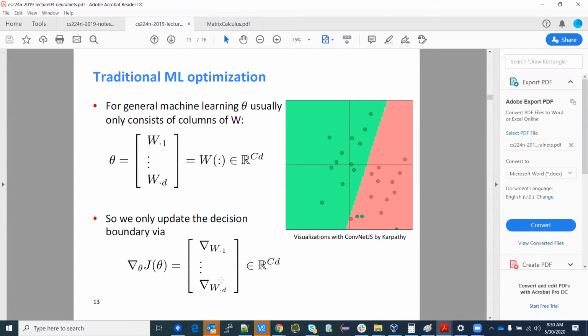Now, what is theta? Theta is a column vector that consists of all of the elements of the weight matrices, and the notation is a capital W with a dot. Notice there's a little dot before 1. That means that the dot replaces all the C's, all the classes. So in a problem with 2 classes, W dot 1 would be a vector of length 2.